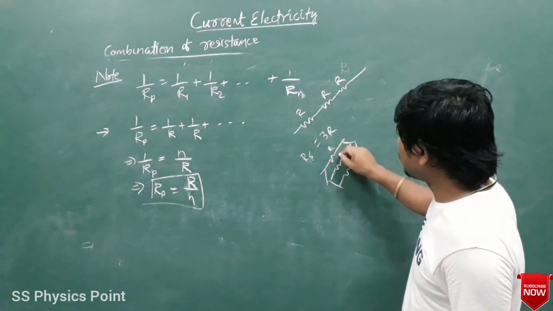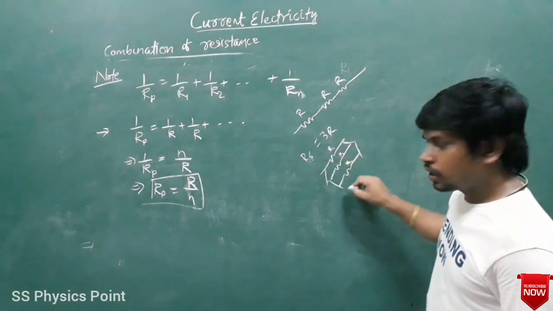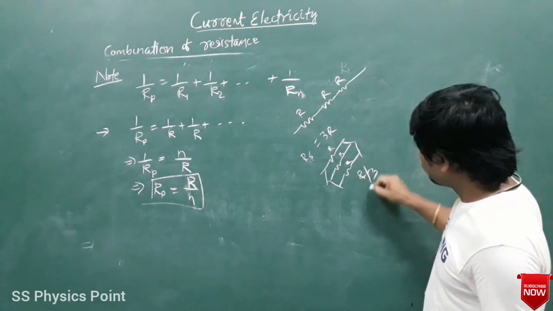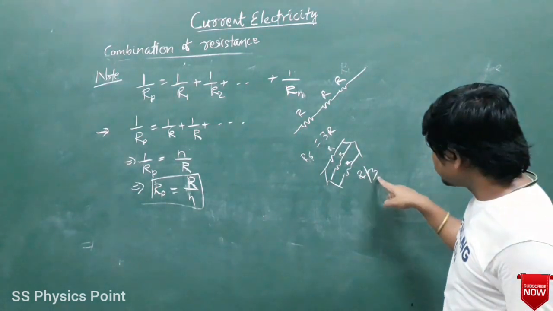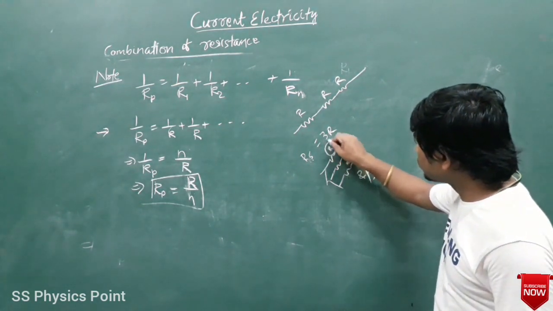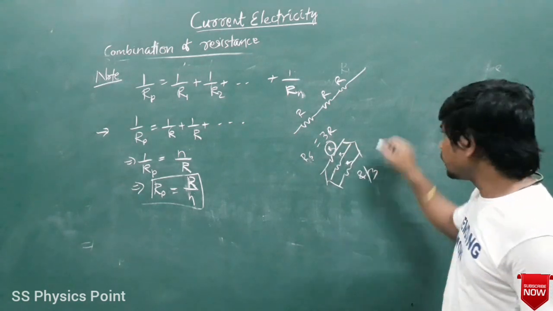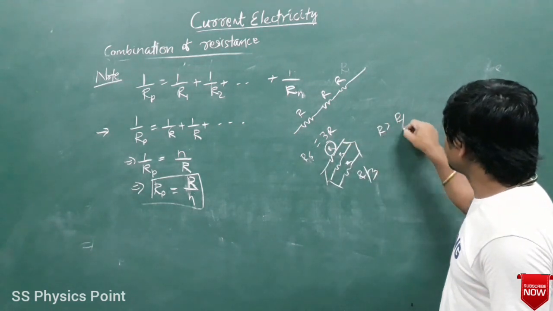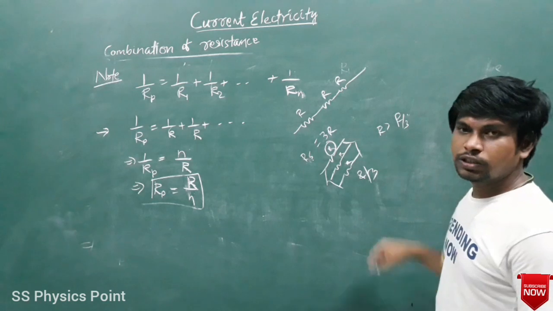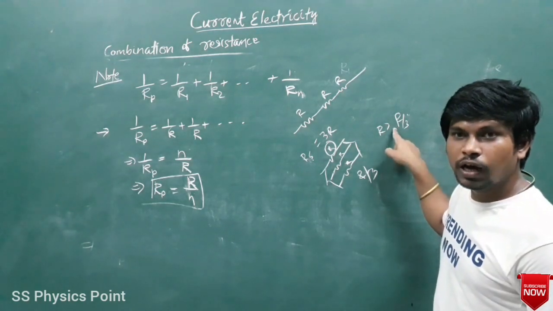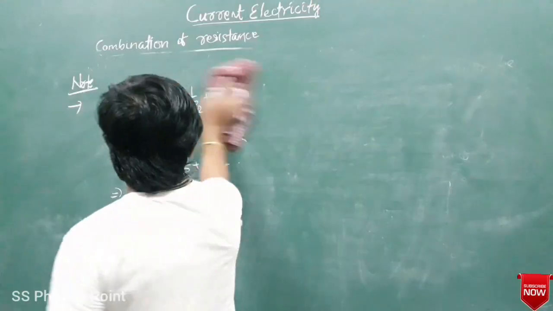R by 3. Remember, this is decreasing. The individual resistance is greater than this one. R is greater than R by 3. तो ये हो गया इक्विवेलेंट रेजिस्टेंस. इक्विवेलेंट रेजिस्टेंस कम हो रहा है किसमें? पैरेलल कॉम्बिनेशन.